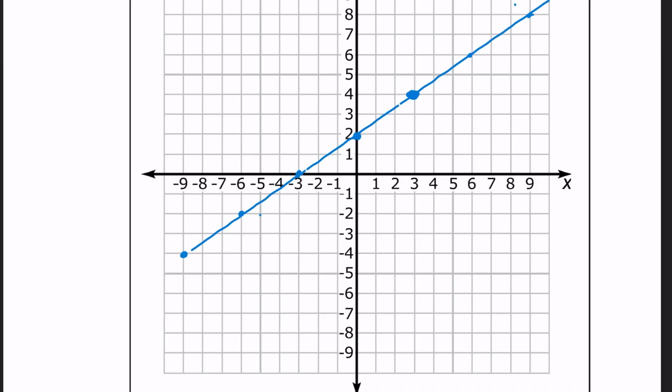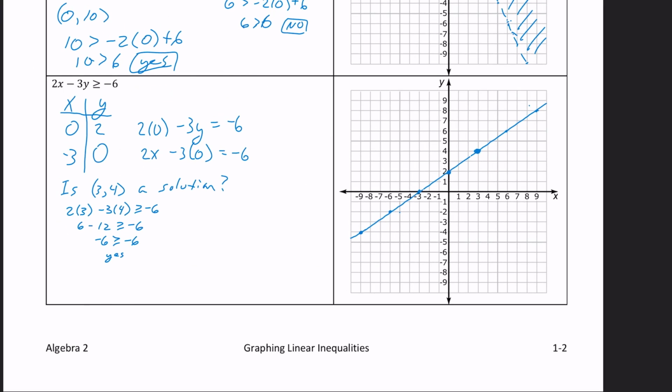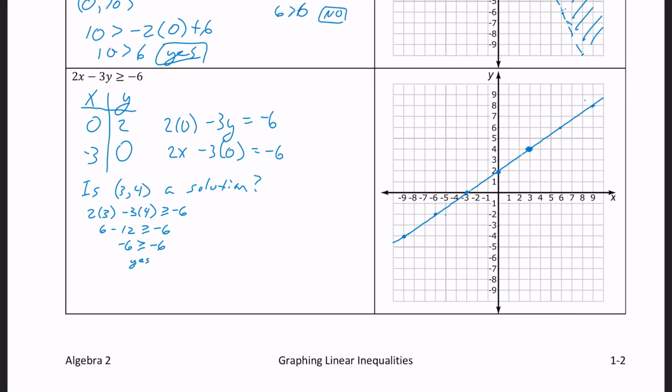Well, reasonably. So the next thing I have to decide is which side needs to be shaded. If I test one side or the other, I always prefer to test 0, 0 just for ease. So if I test 0, 0, then it would be 2 times 0 minus 3 times 0 greater than or equal to negative 6.